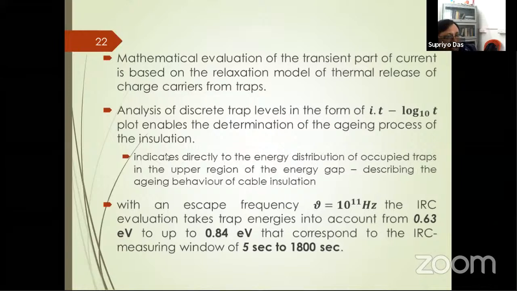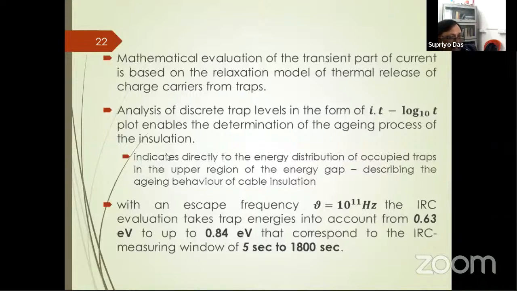So what we do here to analyze the discrete traps is plot IT, that is the current multiplied by the time, versus log of T, that is log 10 of T to the base 10.